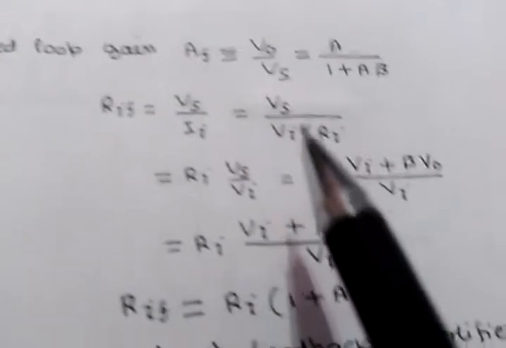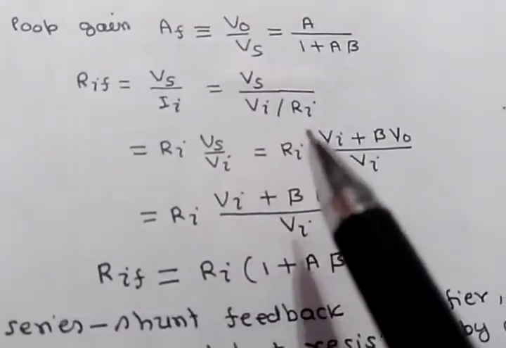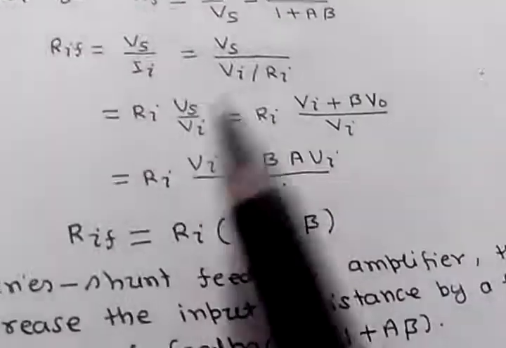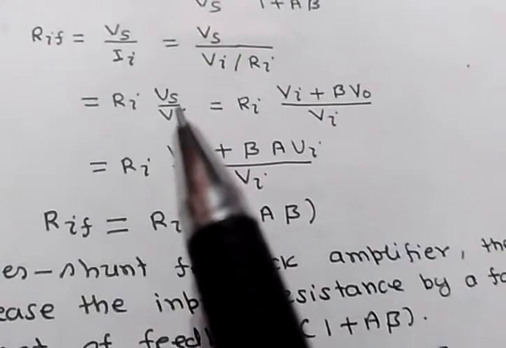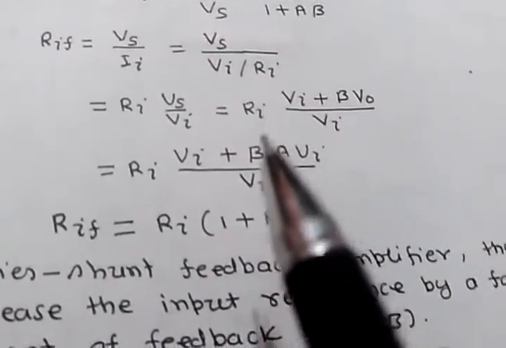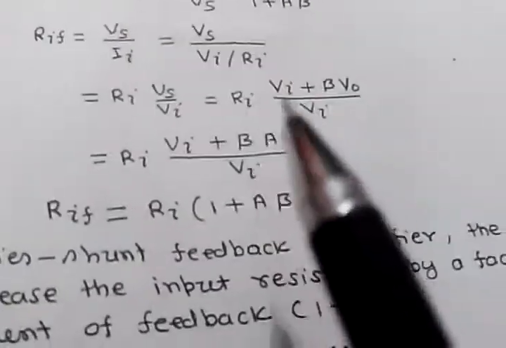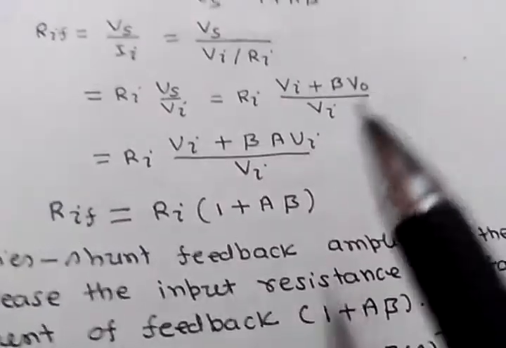So we can write input resistance RIF as Vs upon Ii equals Vs upon, at the place of Ii write Vi upon Ri. Ri is the input resistance without feedback. This can be written as Ri Vs upon Vi. At the place of Vs write Vi plus Vf, and Vf can be written as beta Vo. So we can write Vs as Vi plus beta Vo.